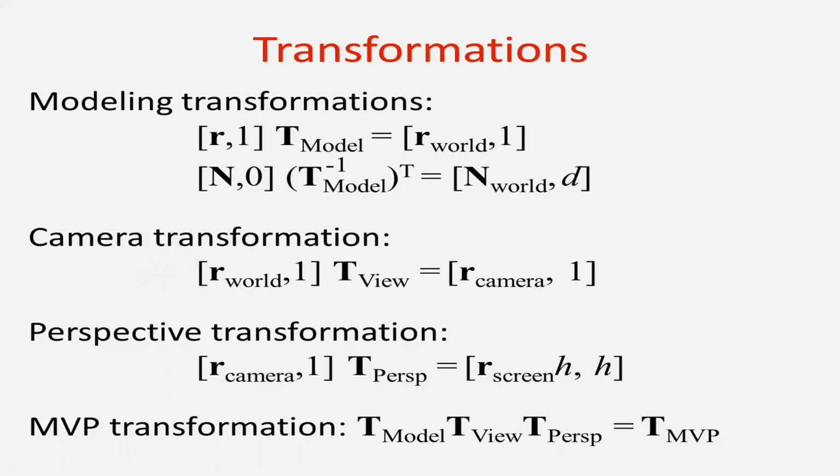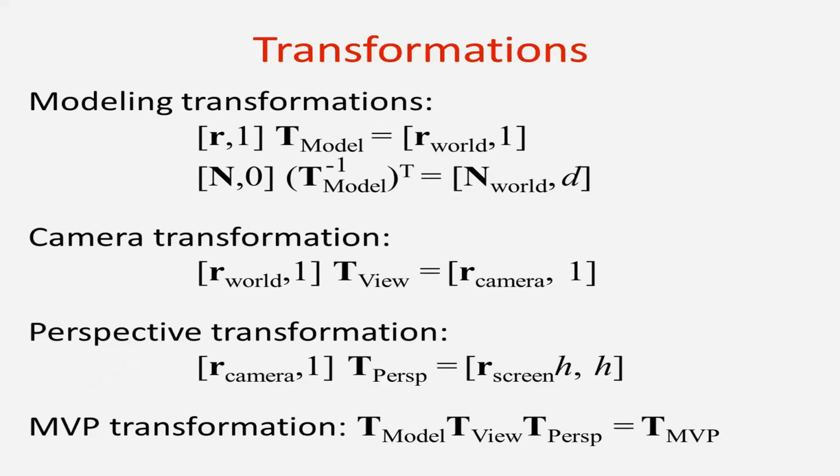The transformation between world and camera coordinates is a translation and a rotation. After camera transformation, the next step is the perspective transformation, which distorts the object in a way that the original perspective projection will be equivalent to a parallel projection of the distorted objects.